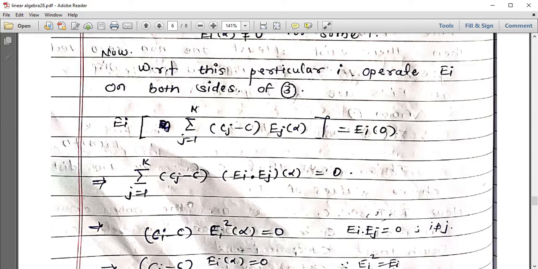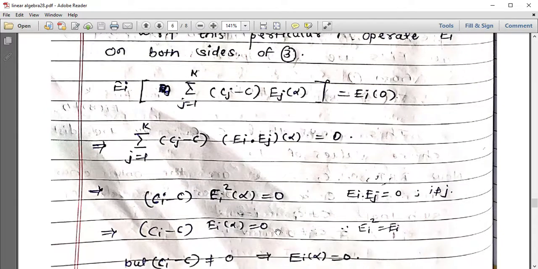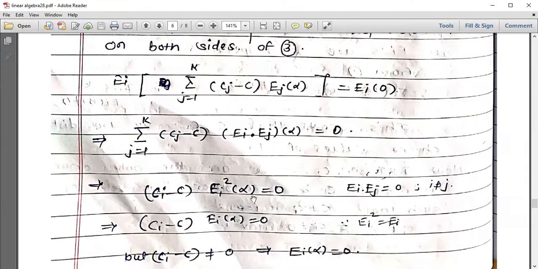By using this condition, after running j from 1 to k, we get Ci minus C into Ei square of alpha is equal to 0. But Ei is a projection on V. Hence, Ei square is equal to Ei. Hence, Ci minus C into Ei of alpha is equal to 0.